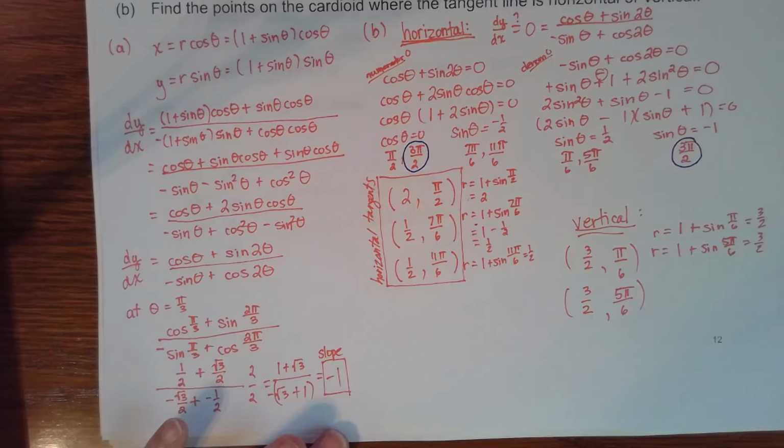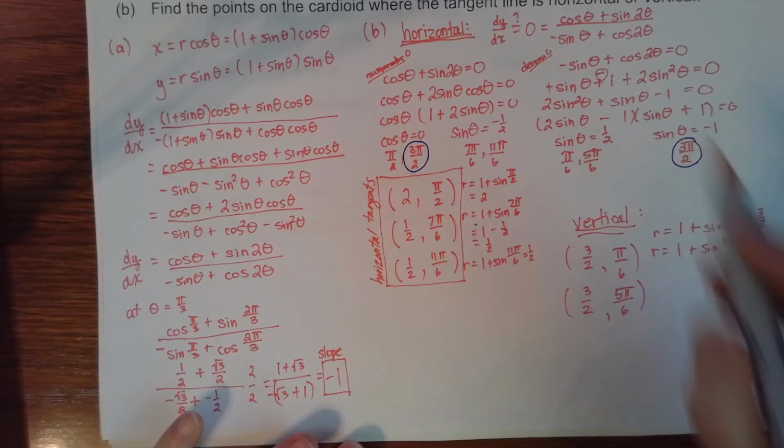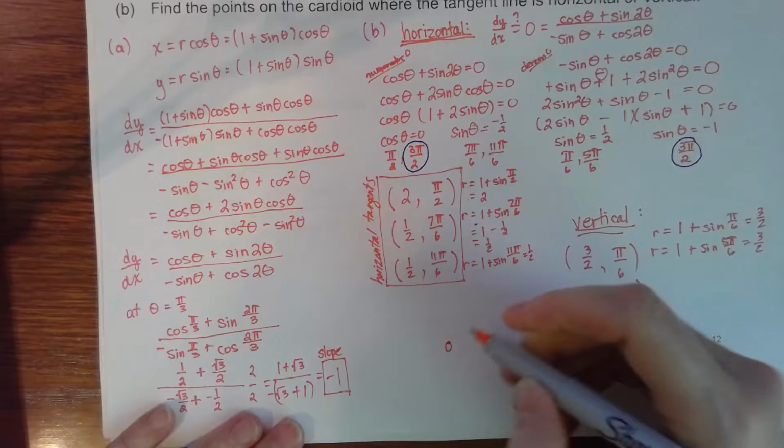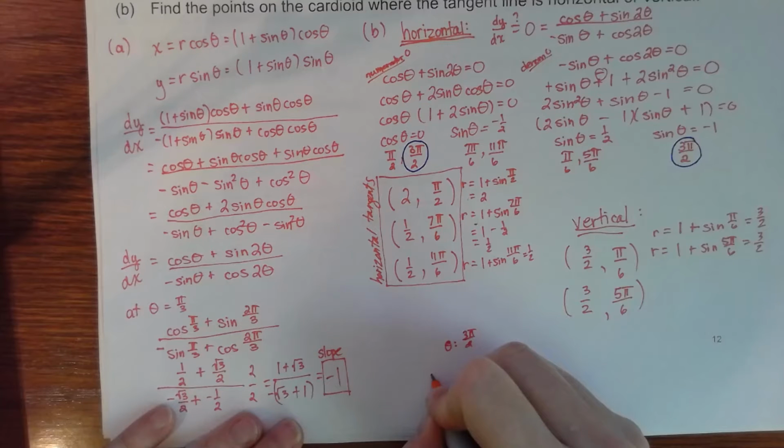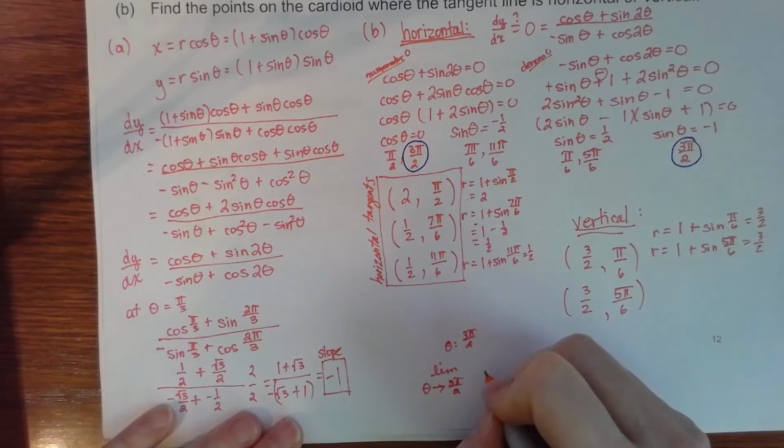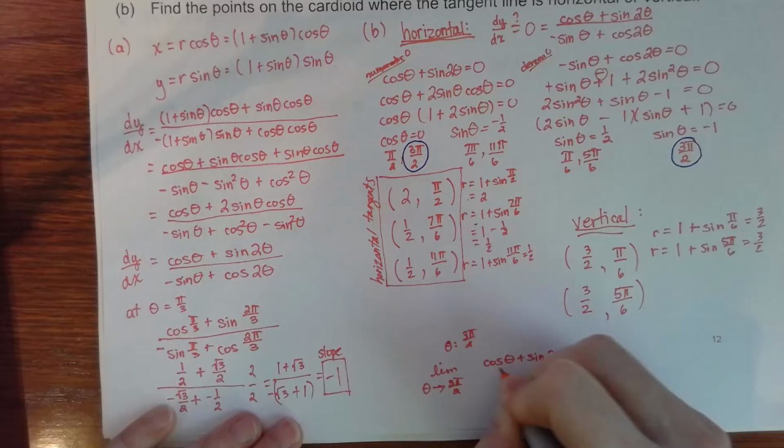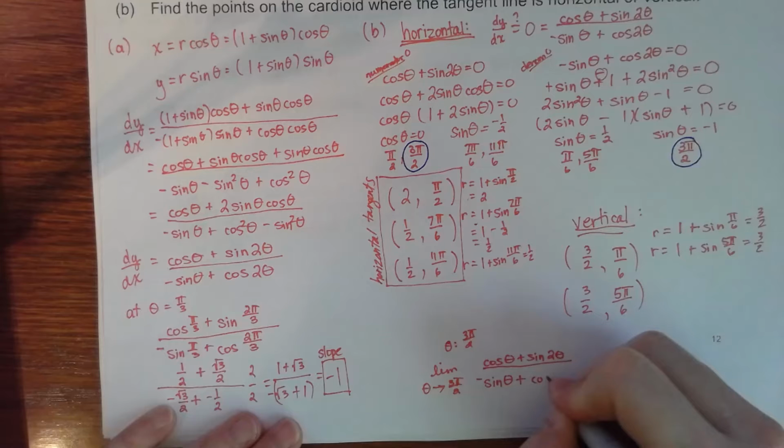Okay, and then we need to look at the 3 pi over 2. We need to look at the limit as theta approaches 3 pi over 2 of the derivative, cosine of theta plus sine of 2 theta over negative sine of theta plus sine of 2 theta.